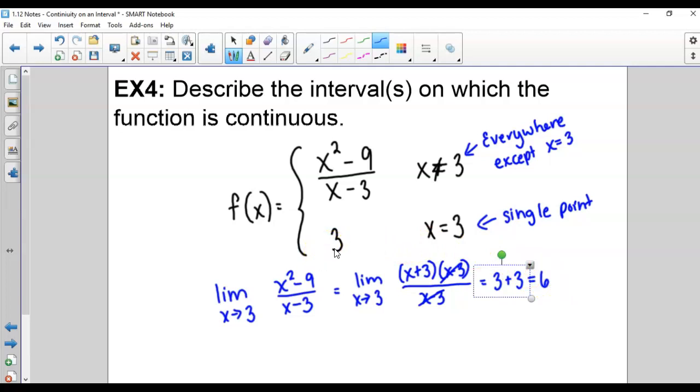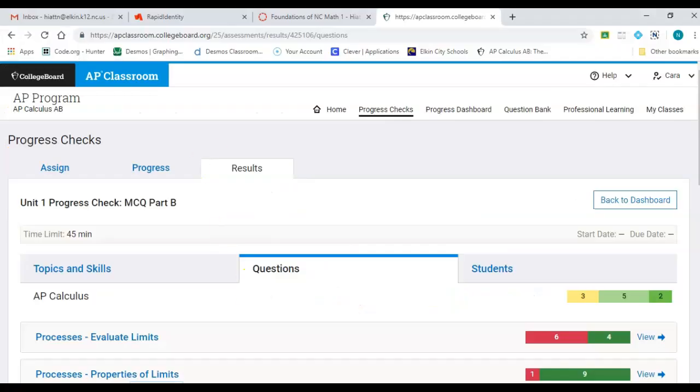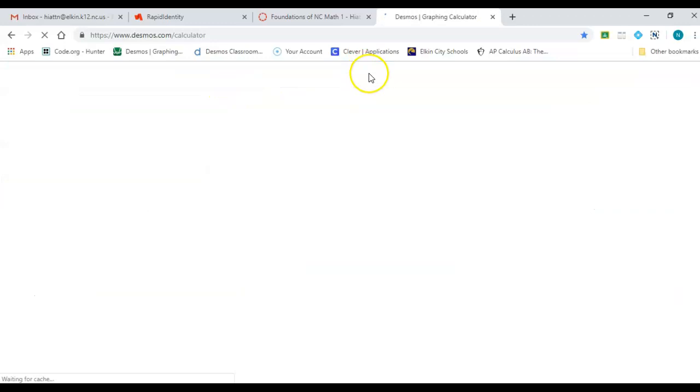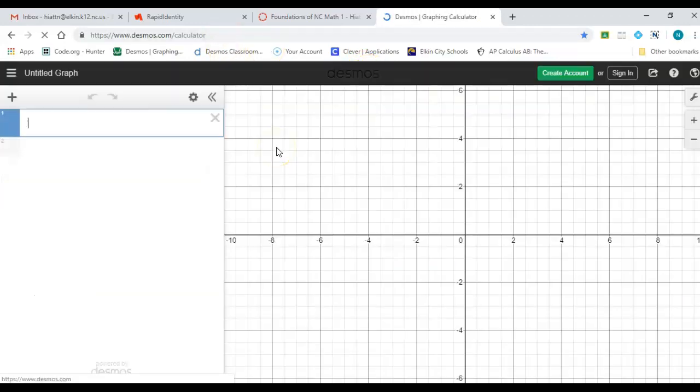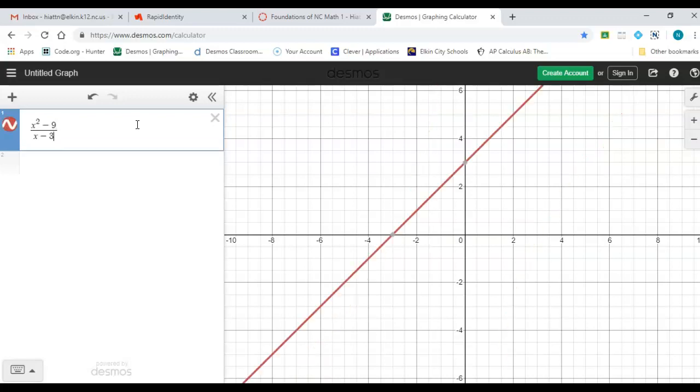So whenever we think of what this is going to look like, actually let's just go graph it in Desmos really quickly. We're going to have x squared minus 9 over x minus 3.